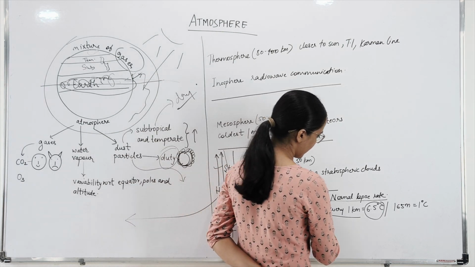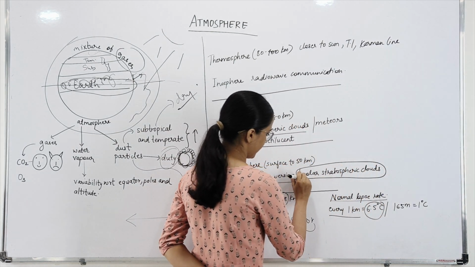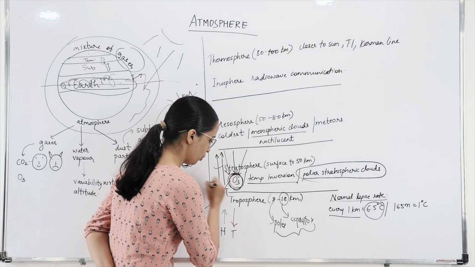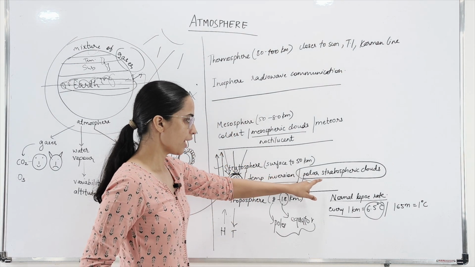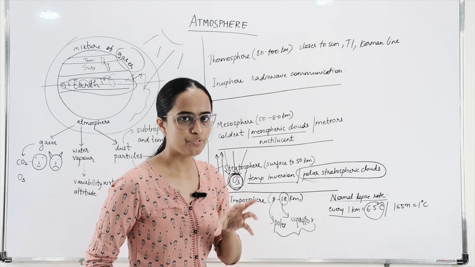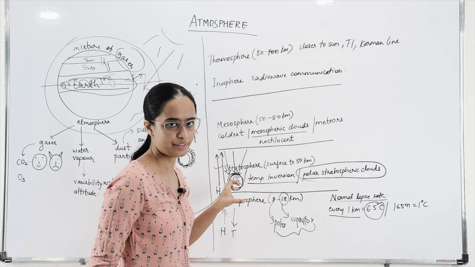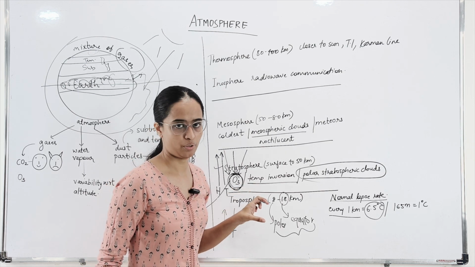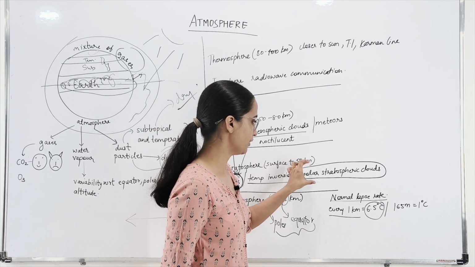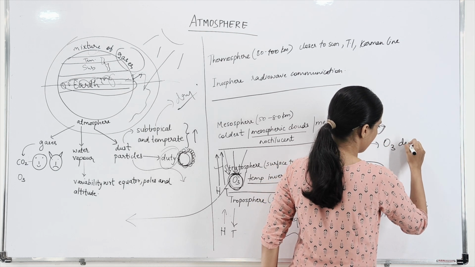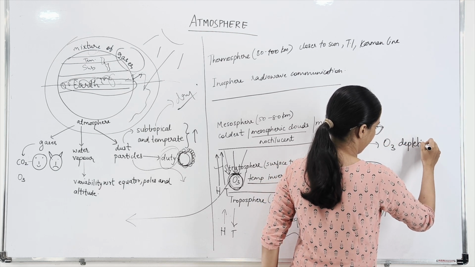Also, there is something called as polar stratospheric clouds. Now, this is also linked to O3. Now, if there are polar stratospheric clouds present in this layer of stratosphere, then that's a trouble for all of us. These are the clouds which are responsible for the depletion of ozone layer.